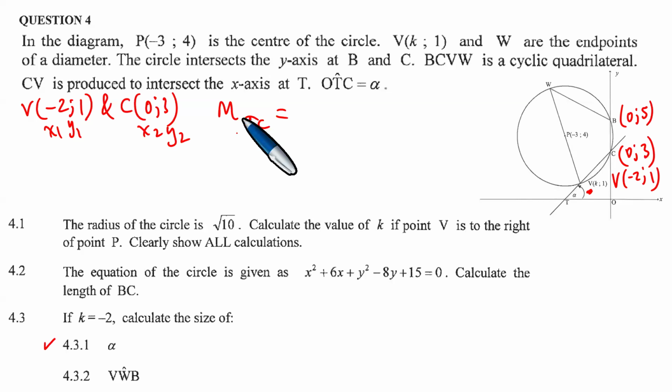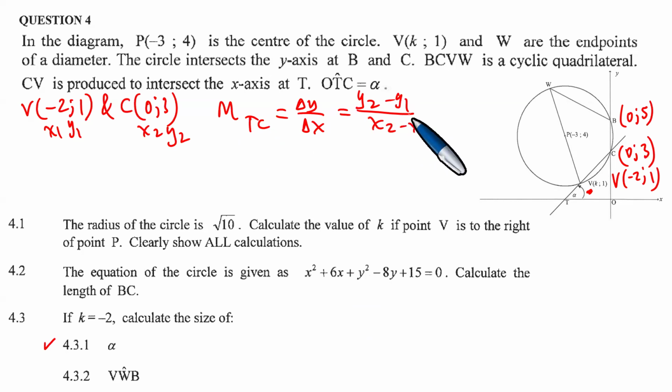Each time you find the gradient or the slope, you use delta y over delta x, which is y2 minus y1 all over x2 minus x1. Now we have the x1, y1, x2, y2 here.